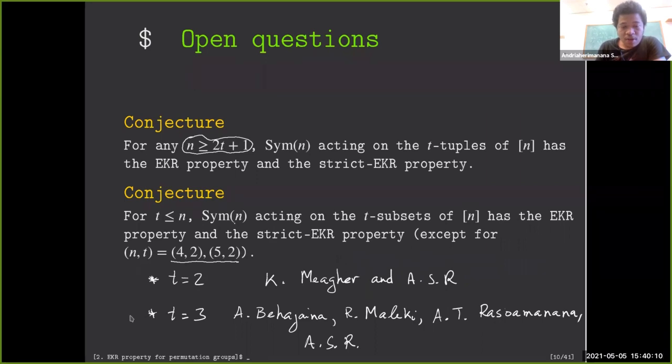And when t is equal to 3, Angelo Piazza, Roger Madeki, Aina Tukrasuamanan, and I proved that the bound holds, but we couldn't prove the characterization. And this is just for the t-set-wise action.